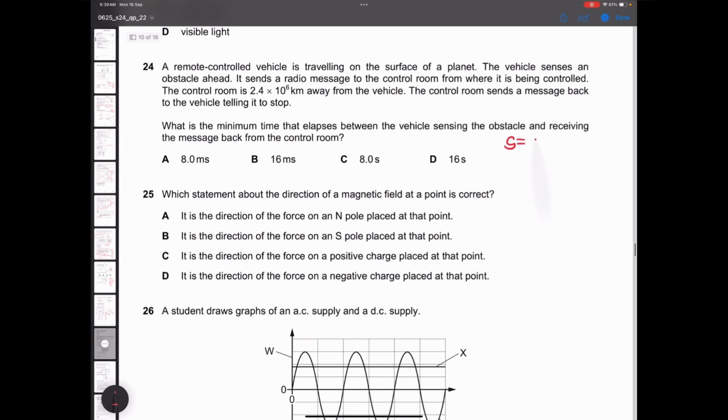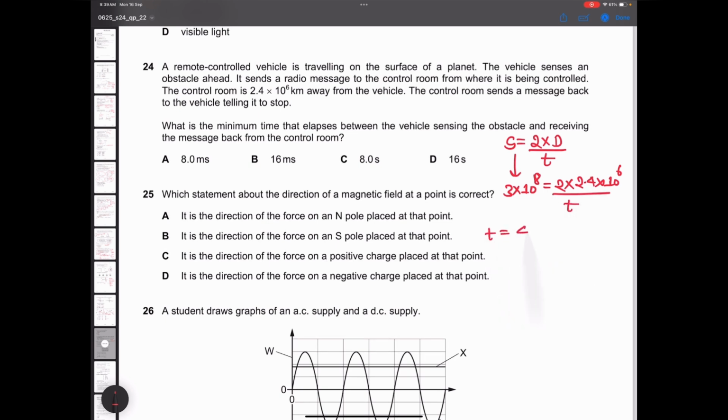Speed is equal to 2 into distance over time. Speed we will take as 3 into 10 to the power 8 because it's a radio wave. All transverse waves have a speed of 3 into 10 to the power 8. So 3 into 10 to the power 8 is equal to 2 into, what is the distance? 2.4 into 10 to the power 6 over time.